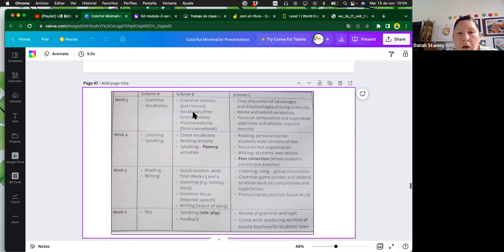Y past simple, ¿no? Past and present. My country, por ejemplo, Mexico City, was a small city, or it was cleaner or less polluted than it is now. Now Mexico City is really polluted, or is more polluted than in the past. Okay, very good.